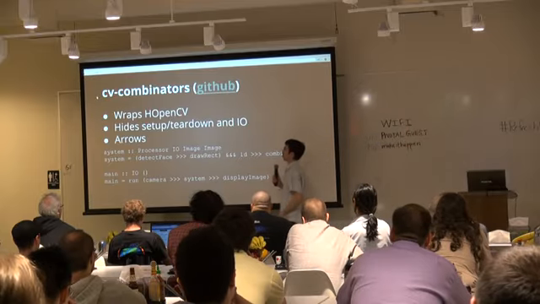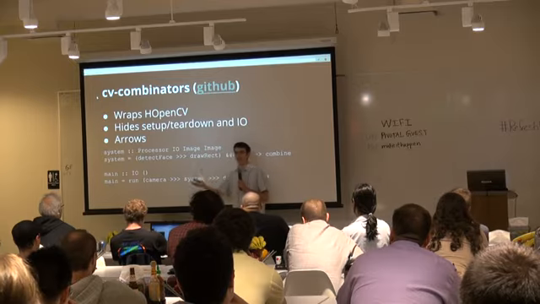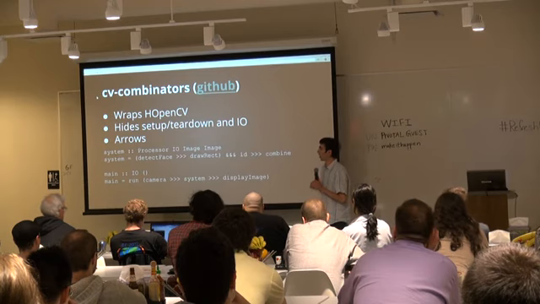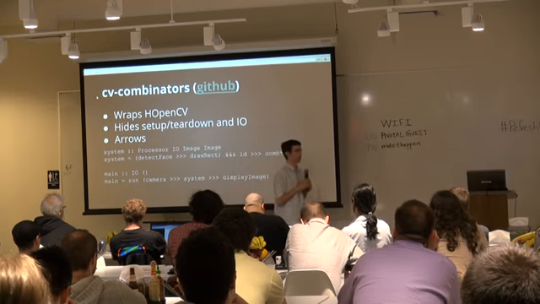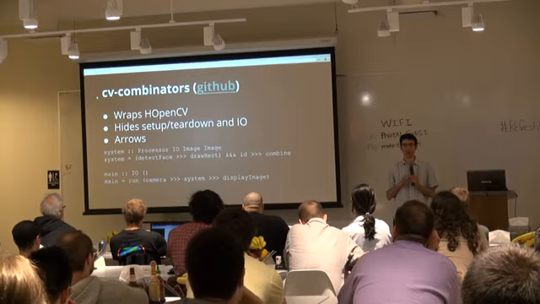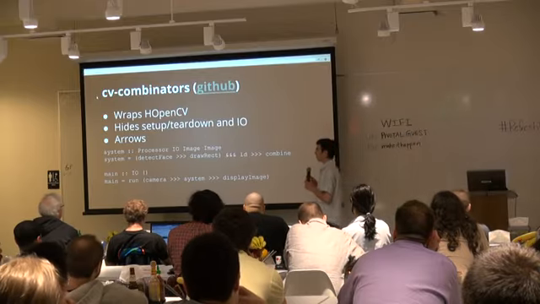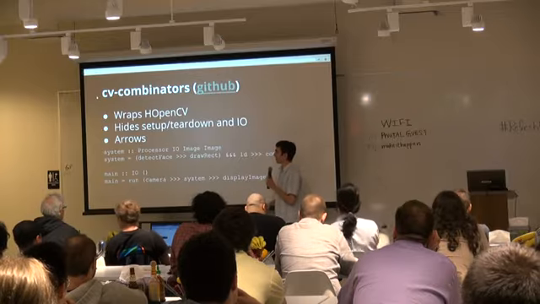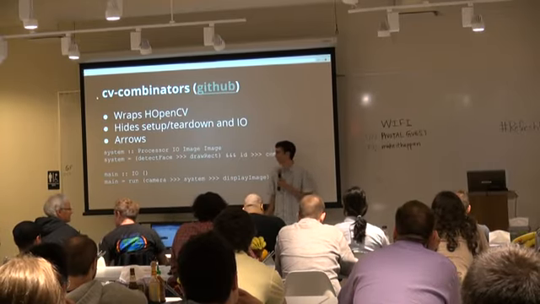So CV Combinators is a library that wraps HOpenCV and hides the setup and teardown methods. Now, it uses an API called Arrows, which is a standard Haskell package that's been used by many other packages. How many of you are familiar with Arrows? Okay. If you're not familiar, ask the person next to you who is, and they'll tell you. No, really, there's really good documentation and tons of good papers about it, so I won't go into it.